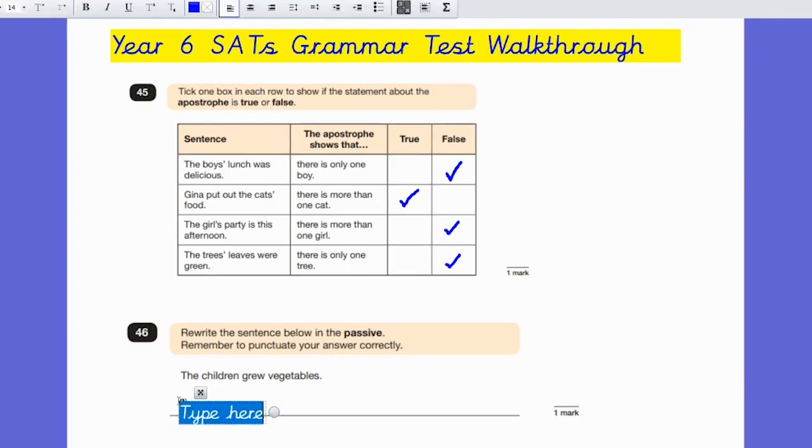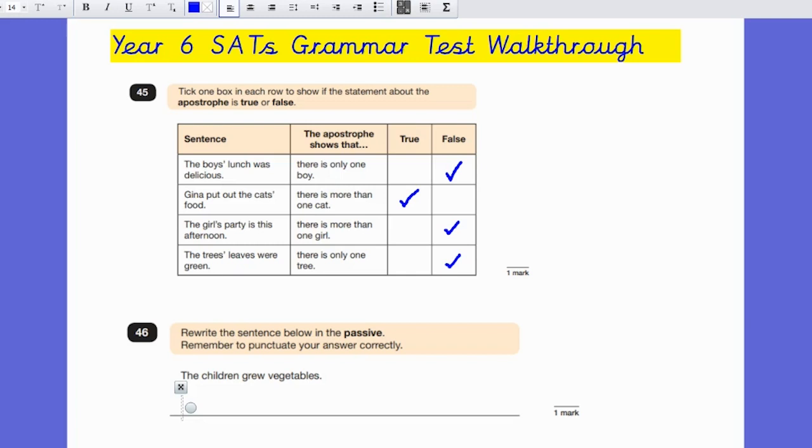Number 46. Rewrite the sentence in the passive voice. Remember to punctuate your answer correctly. So, the children grew vegetables. This sentence is in the active voice. I have my subject, I have my verb, and I have my object. Subject being children, verb being grew, and vegetables being my object.